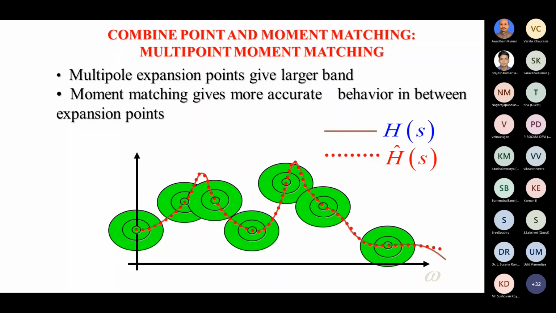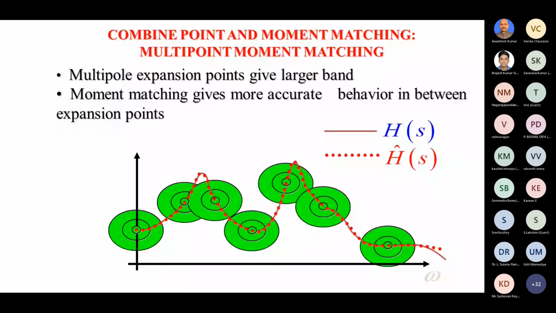H(s) is this red line given for the system, and the dotted line is the approximation. For multiple points, instead of choosing s = 0 or s = infinity, we can choose s = a1, s = a2, s = a3, and so on. We can expand the system into a Taylor series and match it. So we have found that with multiple expansion points, we can get better results.